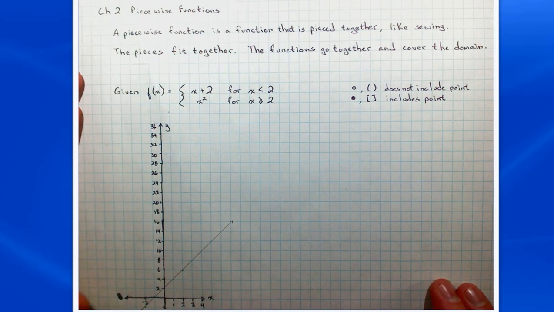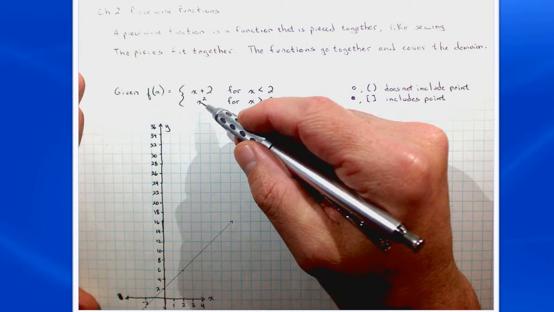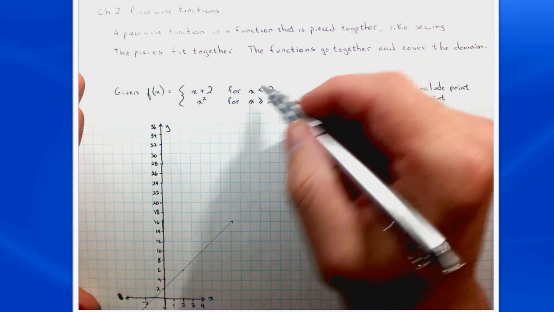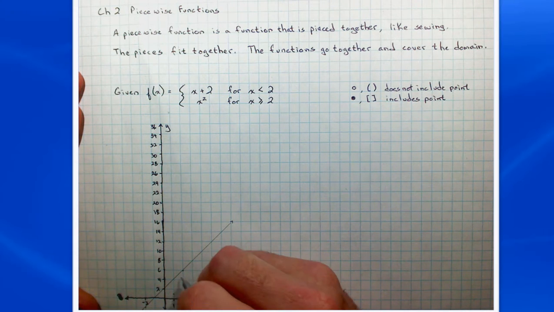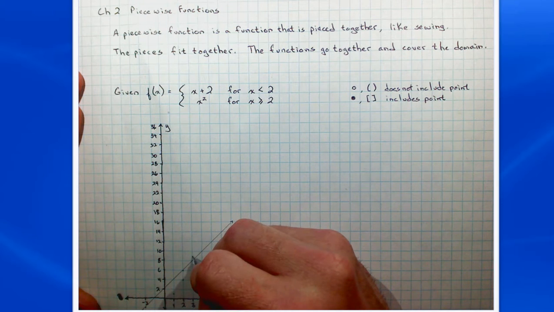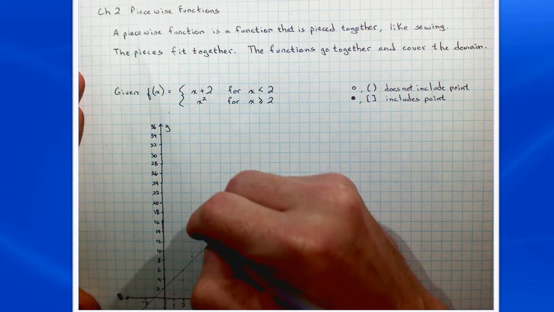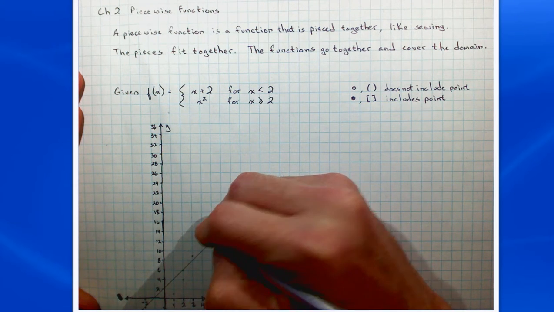Okay, so the quadratic equation. For these, just simply plug in an x value to get your y value. Whenever x is equal to 0, y is 0. Whenever x equals 1, y equals 1. Whenever x equals 2, y equals 4. Whenever x equals 3, y equals 9. Whenever x equals 4, y equals 16. And I'll extend it out here.